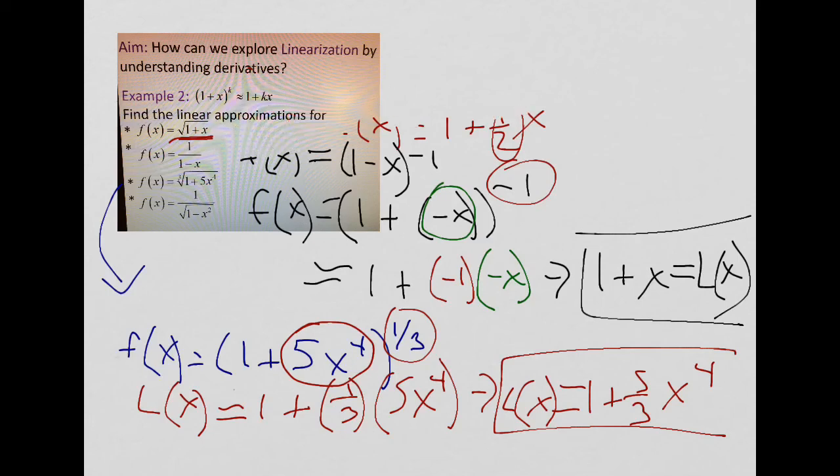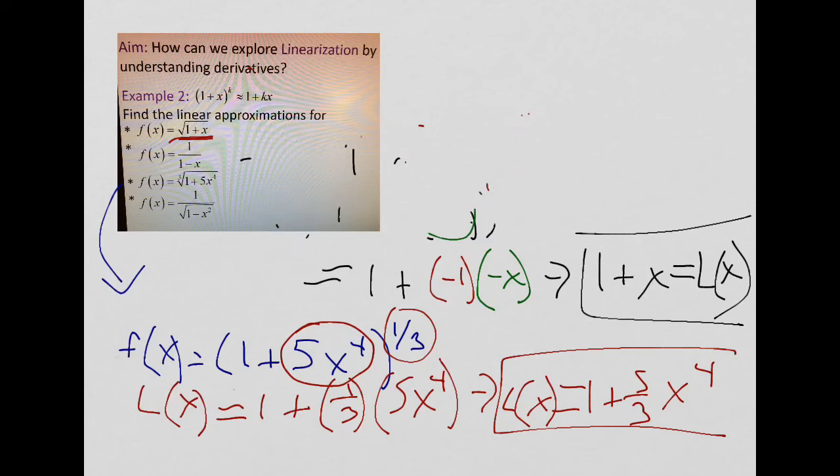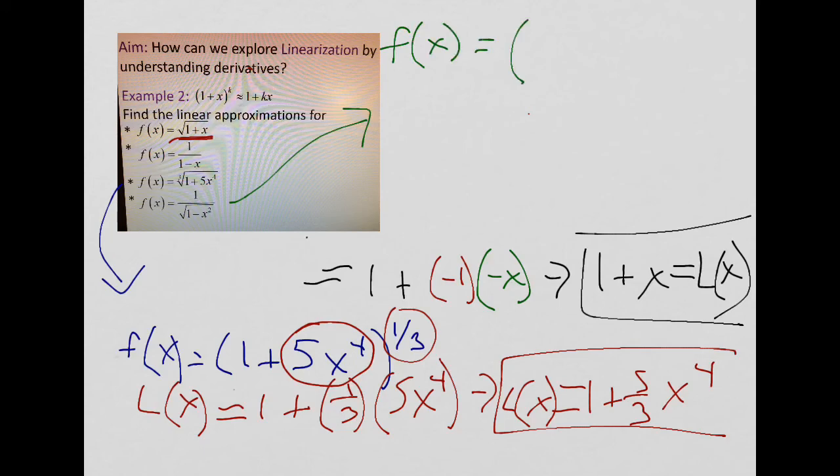Trying to make some room for the last one. Okay, so here we go. The last one. So f of x is going to be rewritten as the quantity of 1 plus a negative x squared, and all of that quantity is raised to the negative 1/2 power.